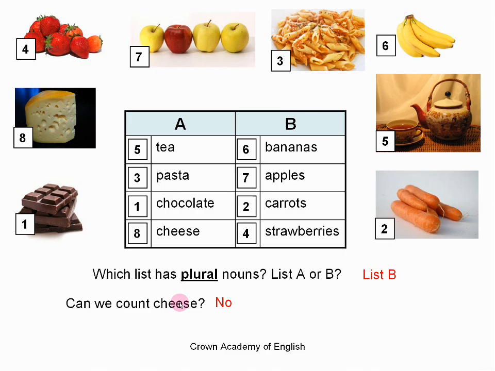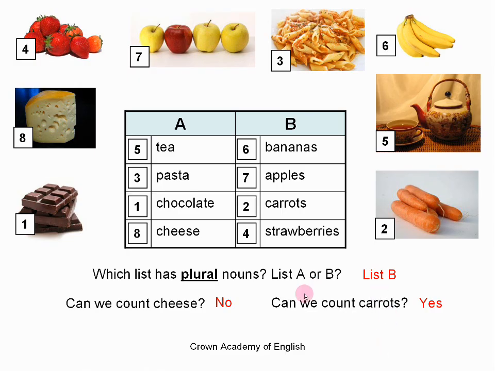It is not individual, so we cannot count cheese. Can we count carrots? Well, the answer is yes, of course. We can say 1 carrot, 2 carrots, 3 carrots, because carrots are individual objects. They are separate, so we can count them.